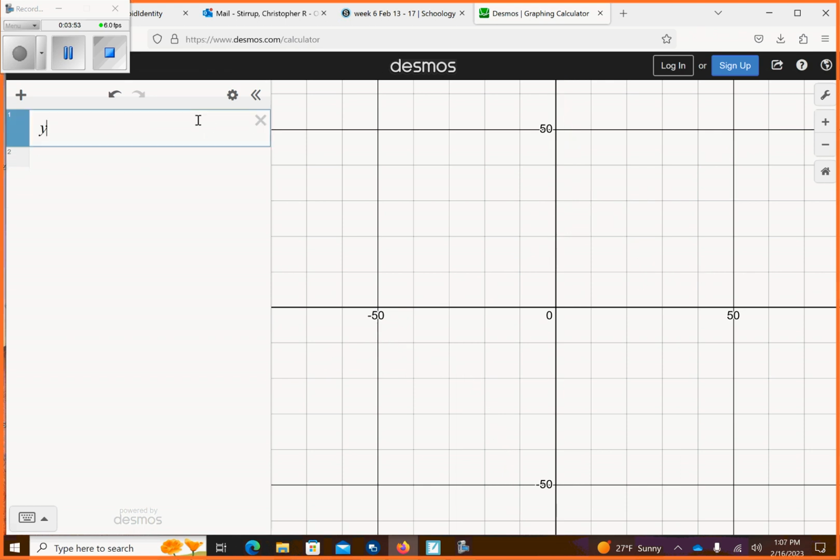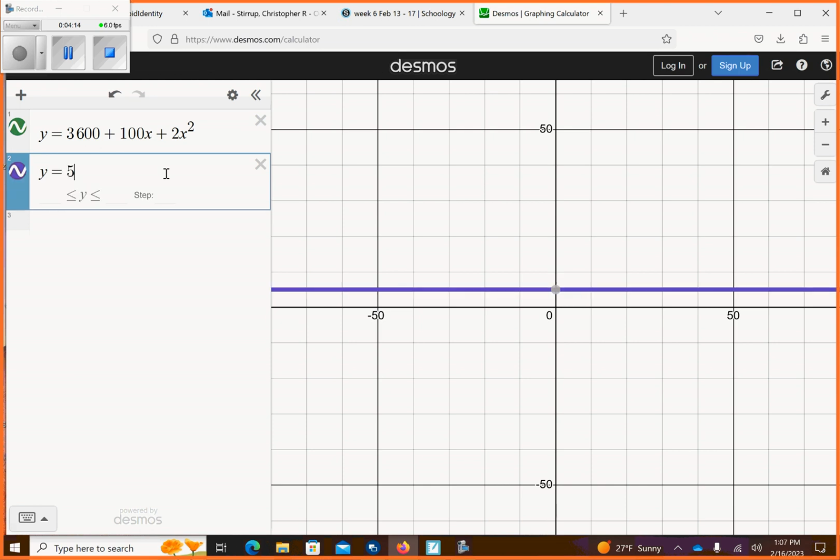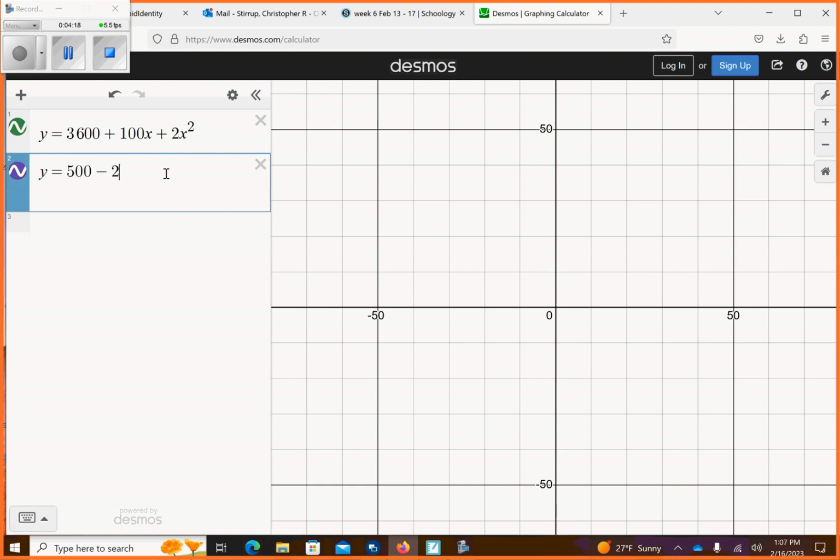All right, so C at X is Y equals 3600 plus 100X plus 2X squared. And then Y equals 500 minus 2x.